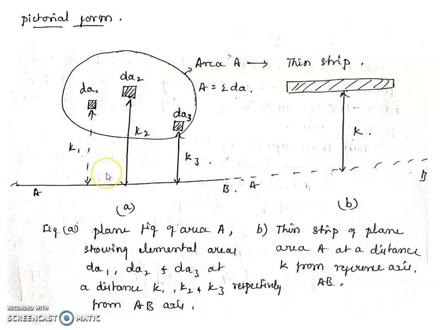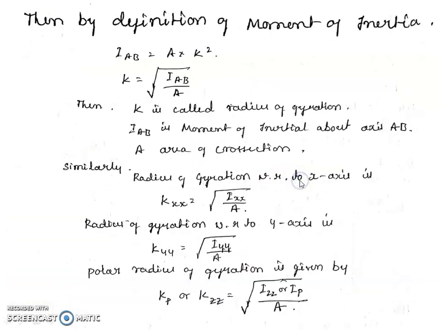It is very simple. Again, the entire area is made into a thin strip and placed at a distance k from reference axis AB such that the moment of inertia won't alter. This is called radius of gyration, and it is represented by k.